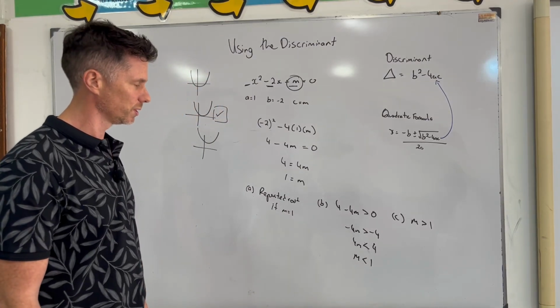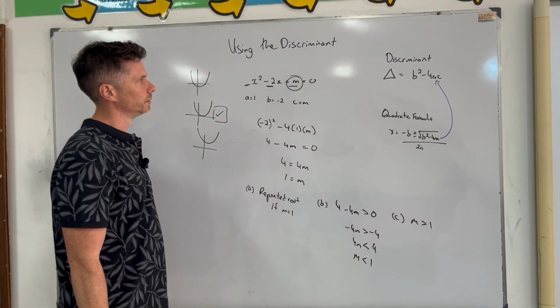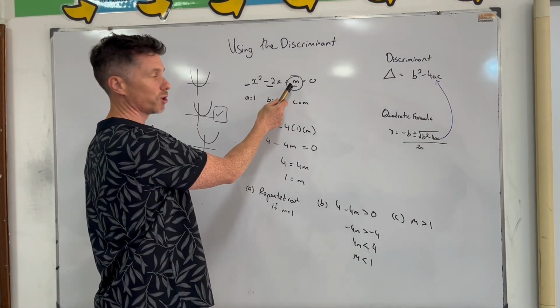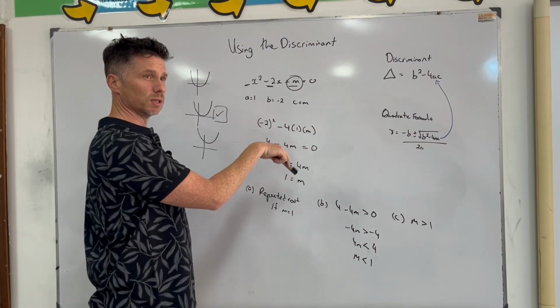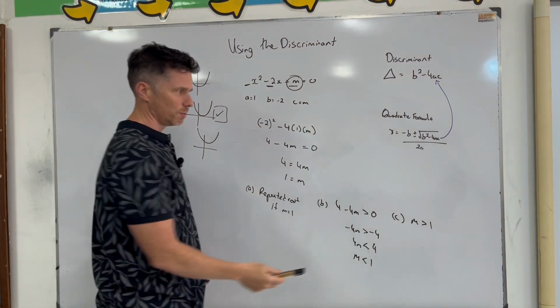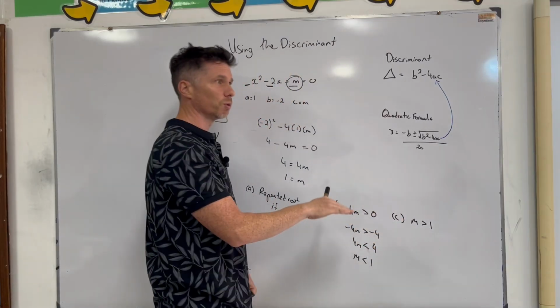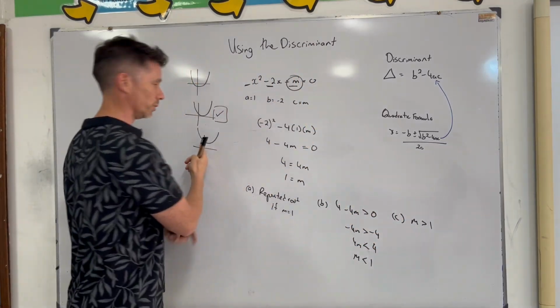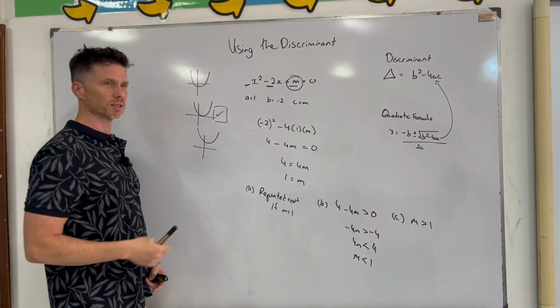If you think about the translation, it would be a vertical shift up. If m is like 50, that would bring the whole equation up 50, because that's where the constant is, and that would mean it's further away from the x-axis, which makes sense too.